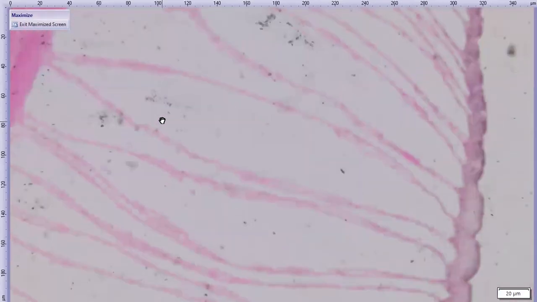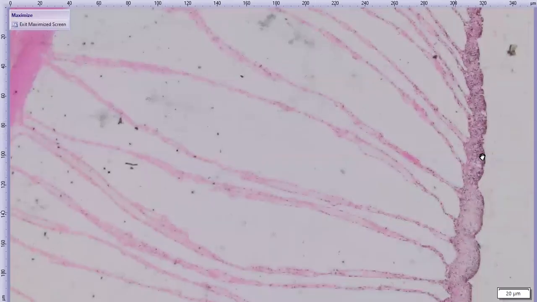And you can see it's plicated like a Japanese fan, and then it's held together at its apex by a solid bar, and hence the rigidity.